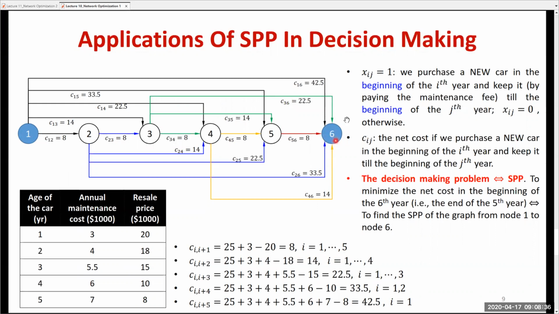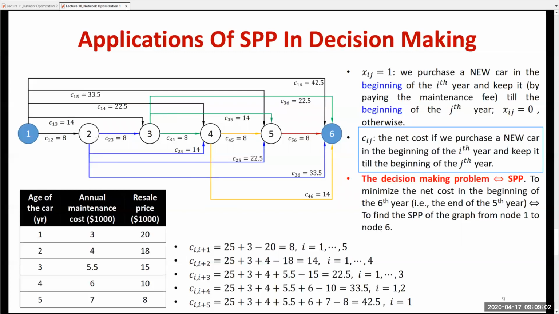How would it be working? Think about this. In the beginning of the first year, I have a cost, which is Cij here. Cij means the net cost if we purchase a car in the beginning of the ith year and keep it until the beginning of the jth year.